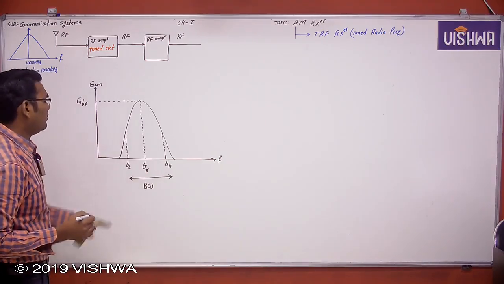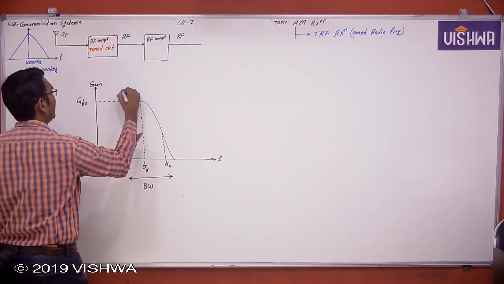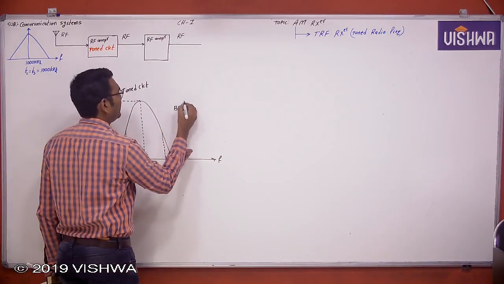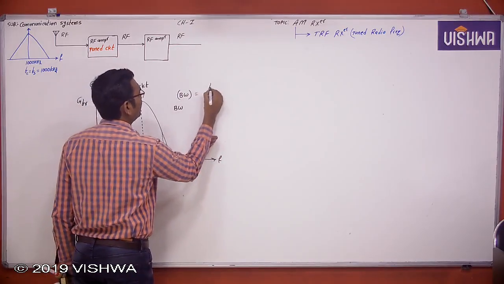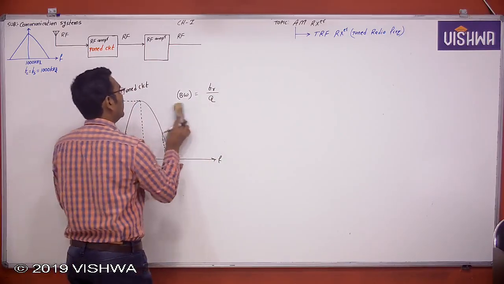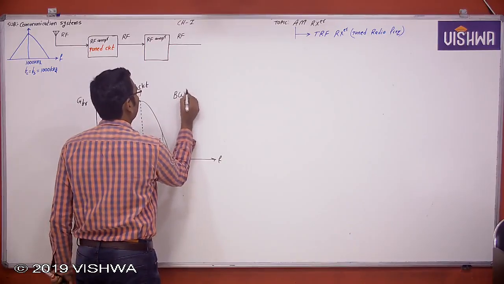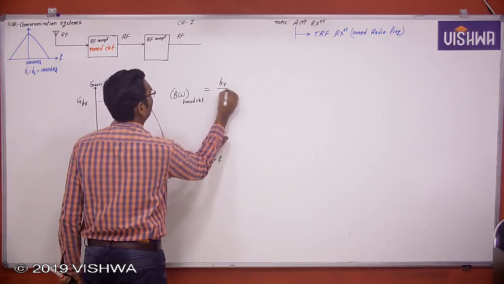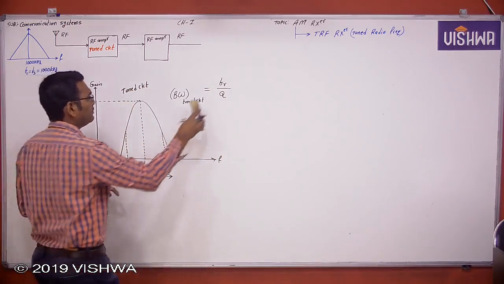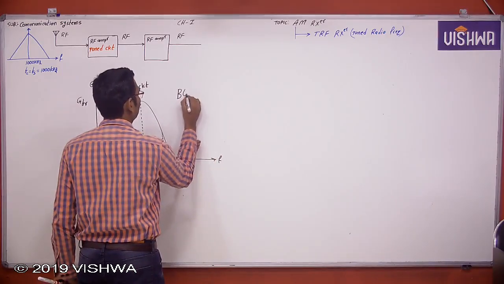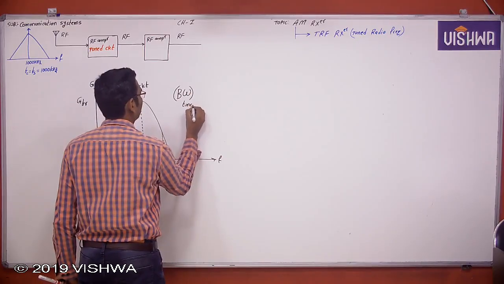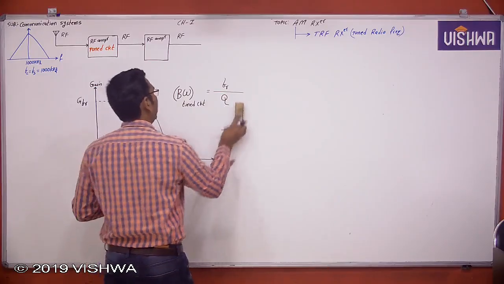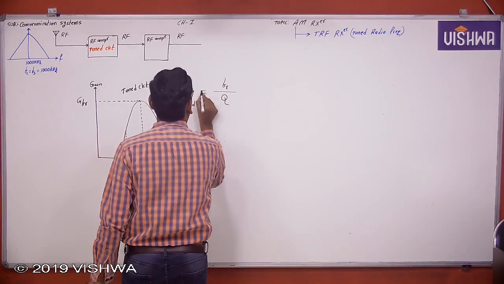This is the gain versus frequency characteristics of a tuned circuit, and you know that the bandwidth of the tuned circuit is equal to the resonant frequency divided by the quality factor.